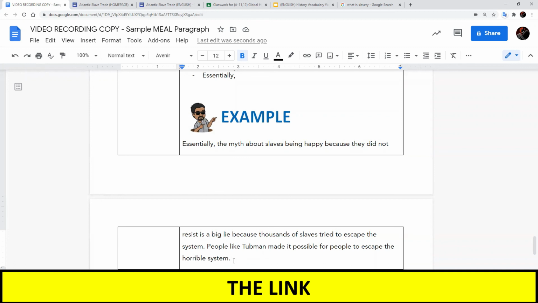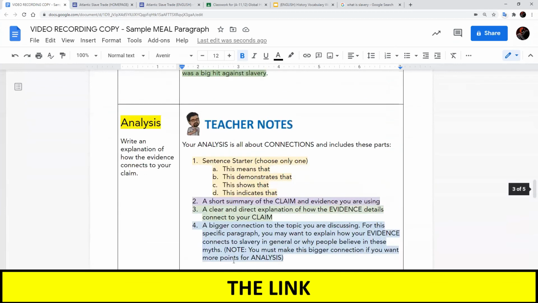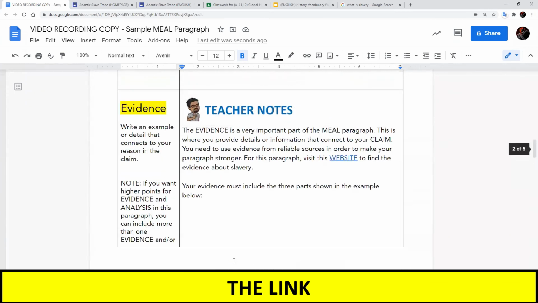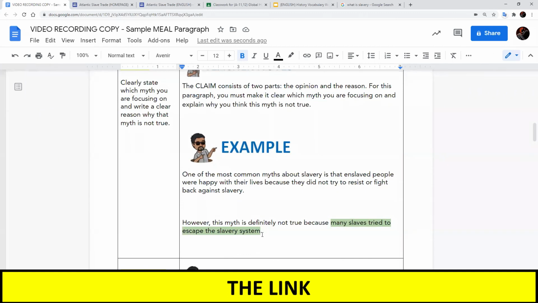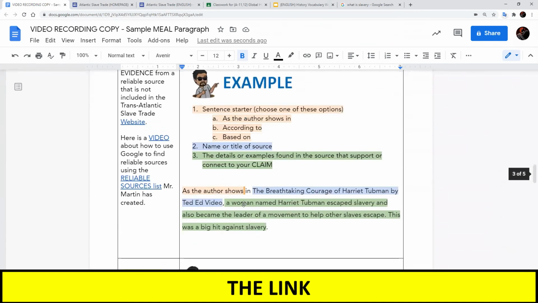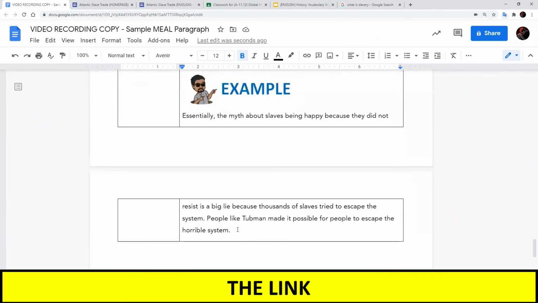What some people do is they go to the claim and copy their claim and paste it into the link. So I'm going to show you we're doing that right now. Copy, Control C, paste. I'm just showing you a couple of different ways you can do this.